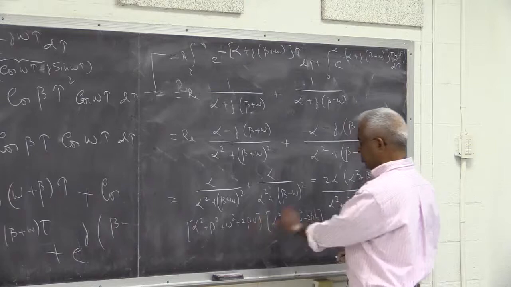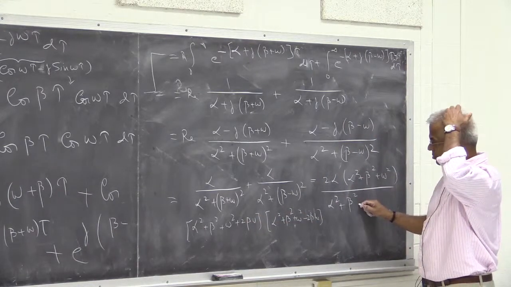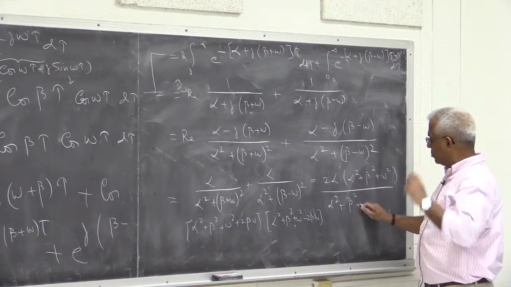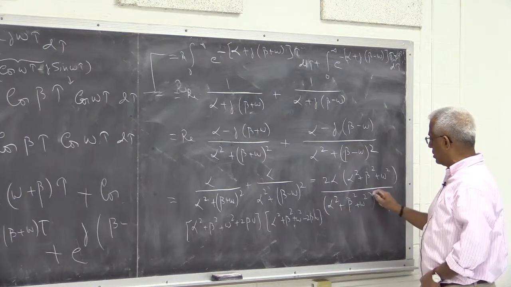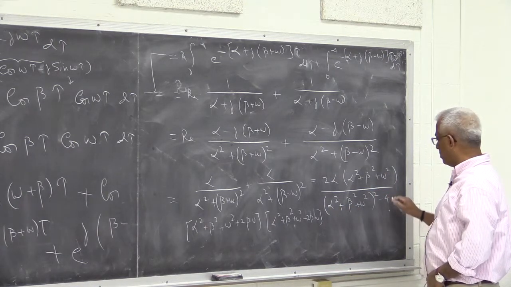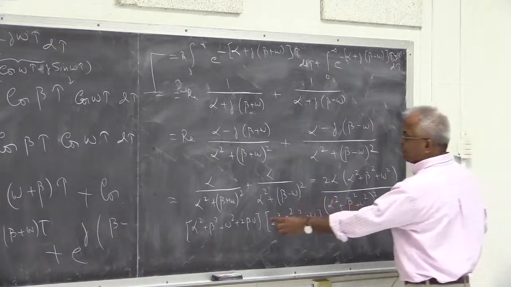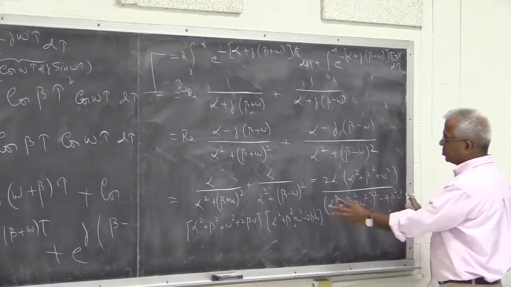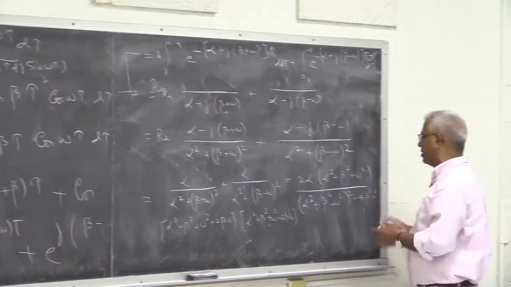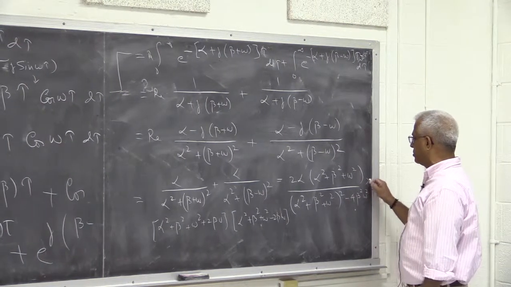So that's where I was going. So when you multiply, you'll get alpha squared plus beta squared plus omega squared, the whole squared, minus 4 beta squared omega squared. Now, it is pretty clear this is positive. You can also expand it another way and show that the denominator is positive, numerator is positive.